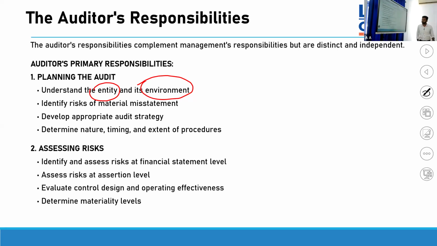Those things also we should understand. Next one is identify risk of material misstatement, which means we need to identify what are the areas that involve high risk.